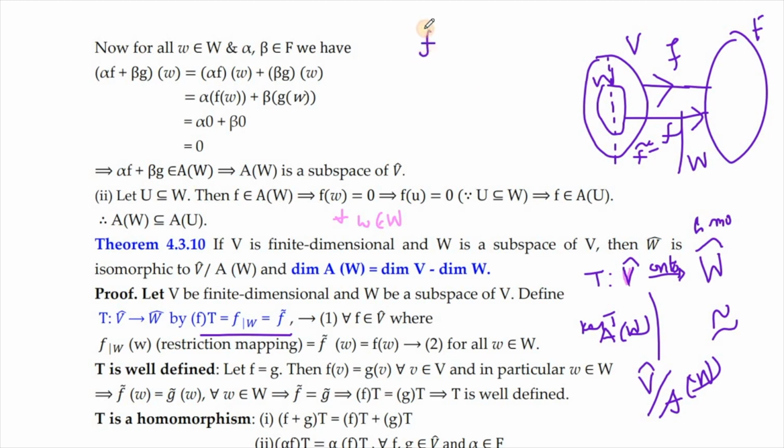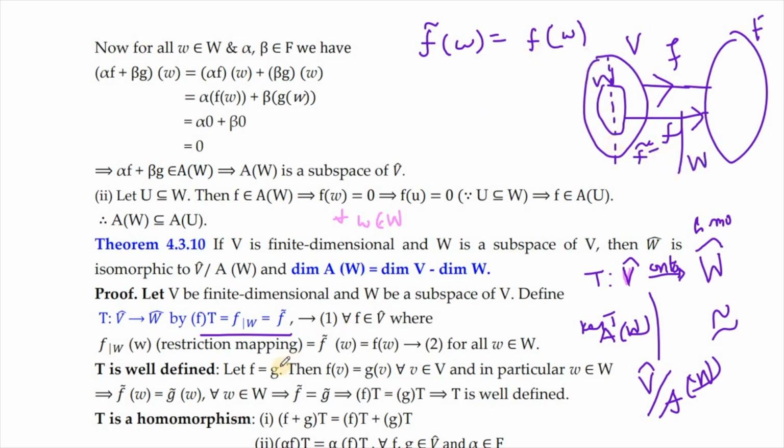It will take any element w in capital W the same way as the same w is taken by f. How f takes all the elements in V is known. In particular, how it takes the elements of W is known. So with the help of that, you define your restriction mapping f tilde of w. So f tilde of w and f of w are the same.